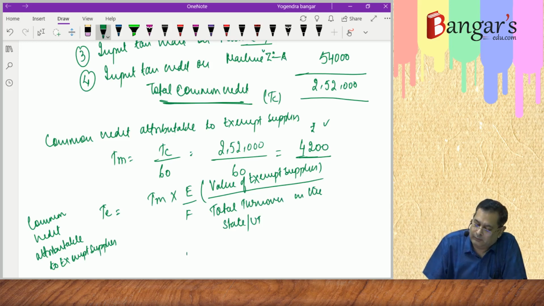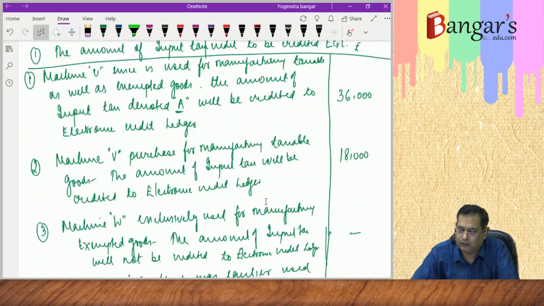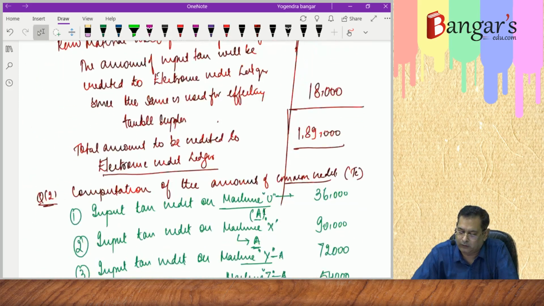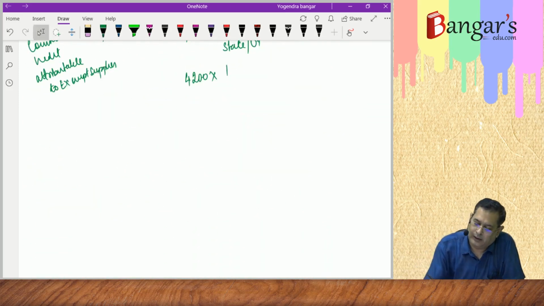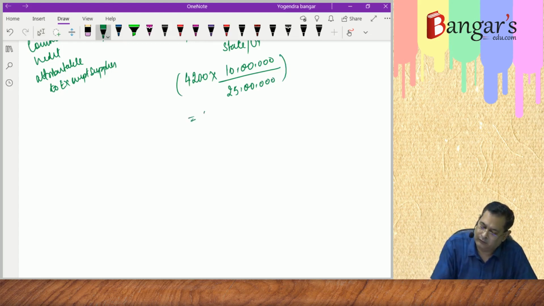So TM is 4,200. What is the value of exempt supply? We have seen earlier that exempt supply is 10 lakh and total turnover is 25 lakhs. So 4,200 into 10 lakhs divided by 25 lakhs, that is 1680.